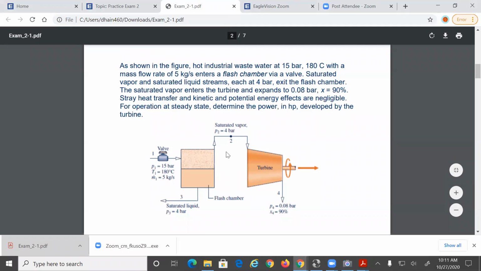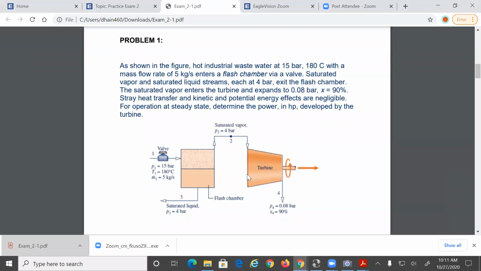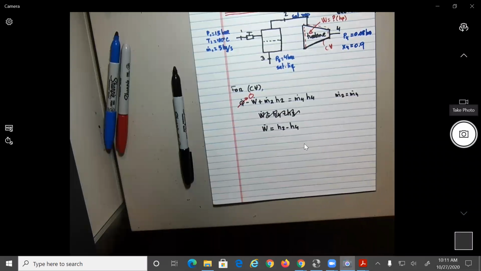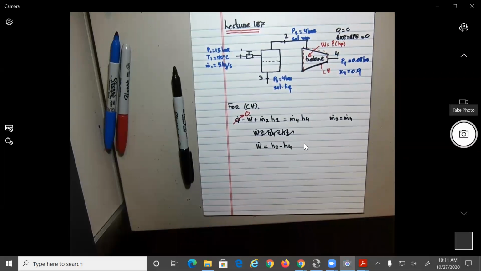But when I do this, it looks like we don't even need M2 or M4. Yes? In that last equation that you had written, why is the mass flow rate not a part of that somewhere? That's what I'm saying, because we need to find the mass flow.